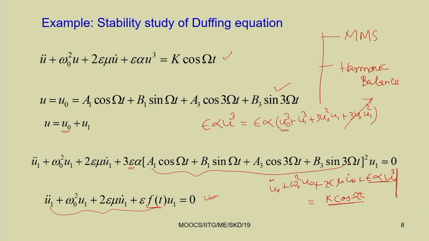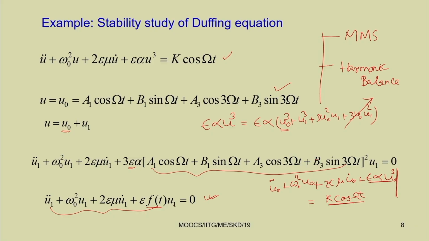Here the equilibrium position is u0. Now, you have given a perturbation of u1 about u0, so that you have written u equal to u0 plus u1, and you have landed with this equation, which is similar to that of a Mathieu-Hill type of equation.